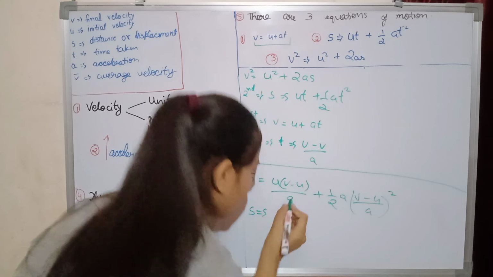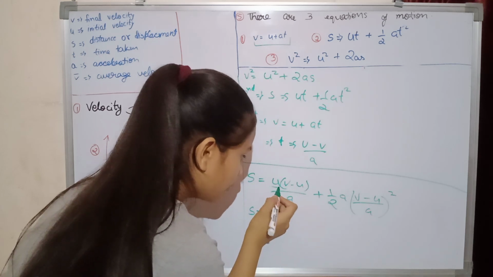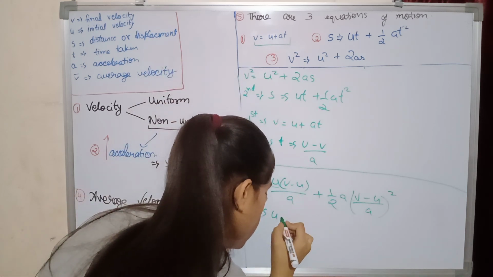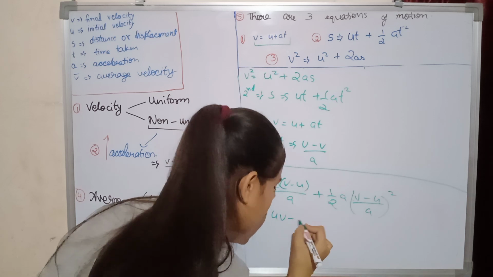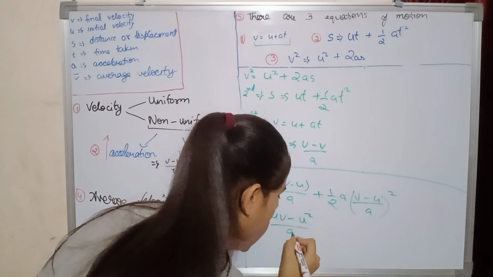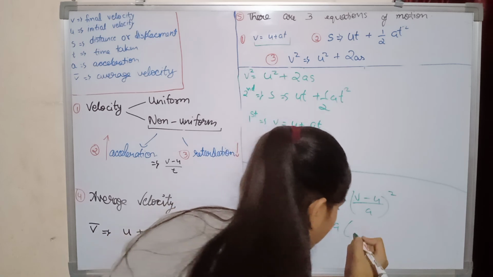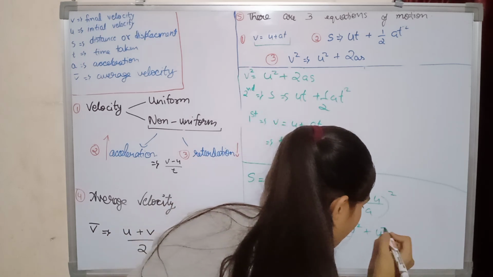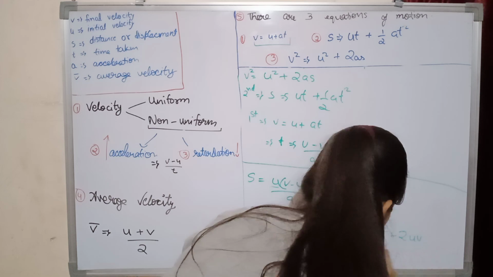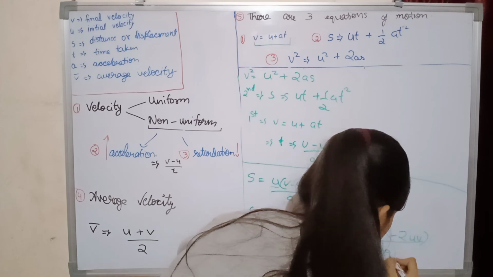Like this, U will multiply with both, which will give us UV minus U square upon A, plus A V square plus U square minus 2UV upon 2A.